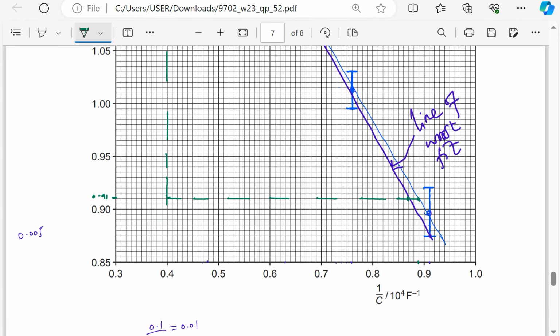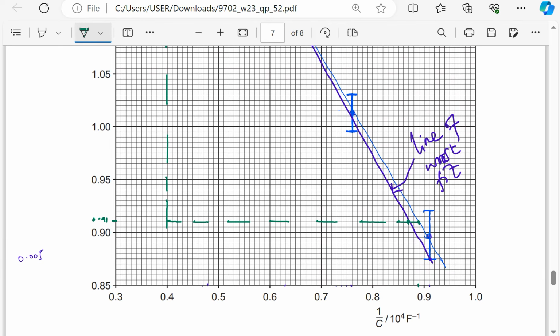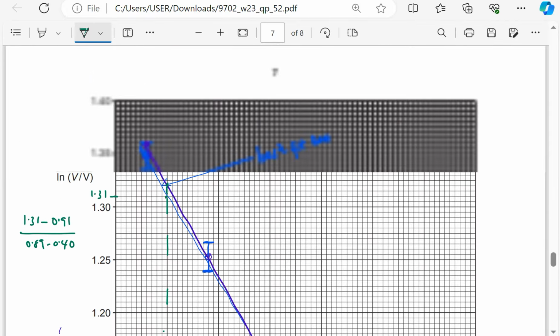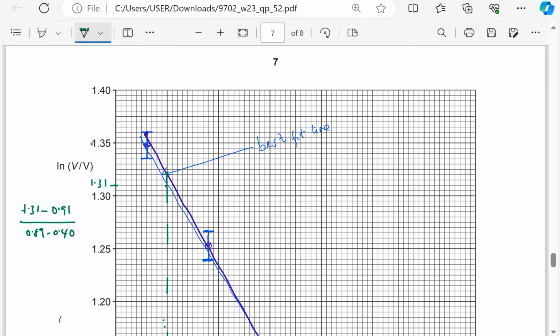Then for the worst fit, x2 is, let me see, it is this point here: 1, 2, 3, 4, 5, 6, 7, 0.87, and y2 is 0.91. I think I changed these ones. The gradient is negative, so this is wrong. It is 0.91 minus 1.31, that is y2 minus y1.